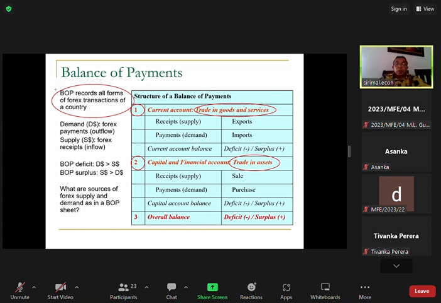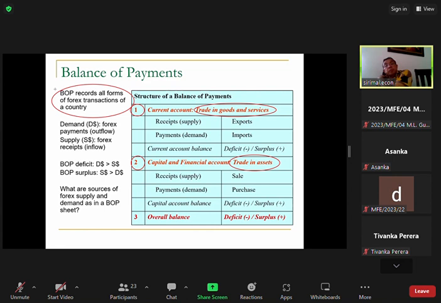In the current account, practically you have four kinds of transactions. First, trade in goods, which we call merchandise trade, and second, trade in services. Third, primary income. Fourth, transfer payments.